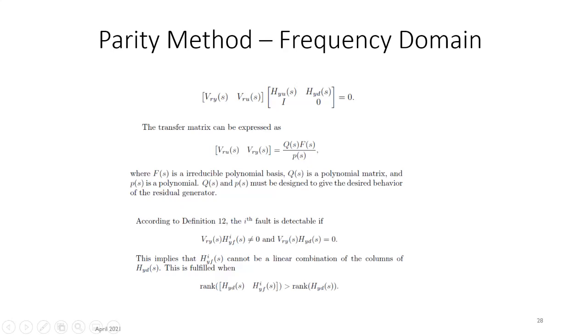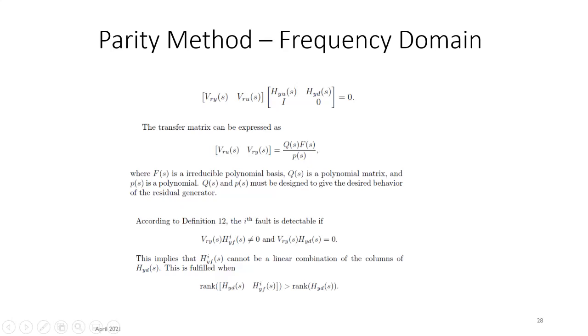So this matrix, we write it as the multiplication of Q by F divided by P. Now we select F in the null space of these, but Q and P, we keep as design parameters to design the filters, as I said.